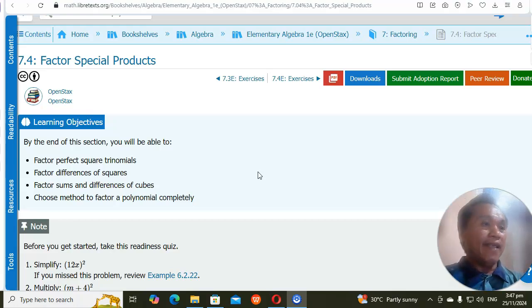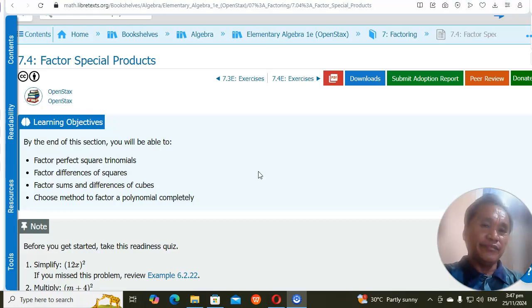Okay? And then you have another special product, the sum and difference of two cubes. The sum and difference of cubes. Okay. So how can you detect or recognize a sum and difference of cubes?